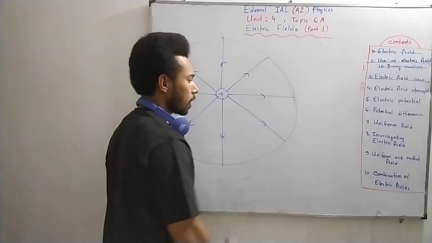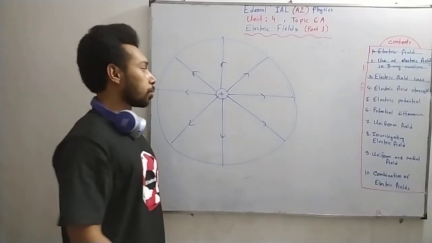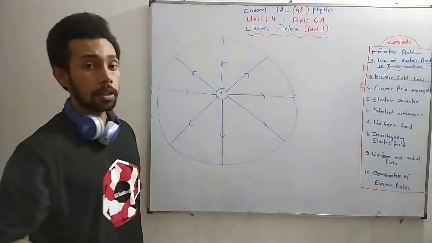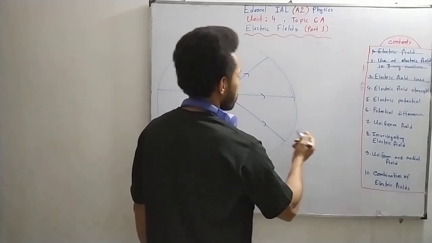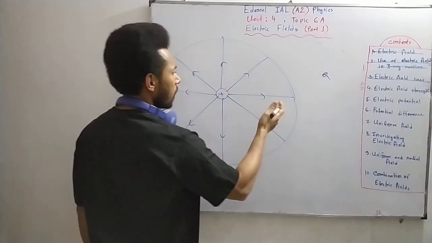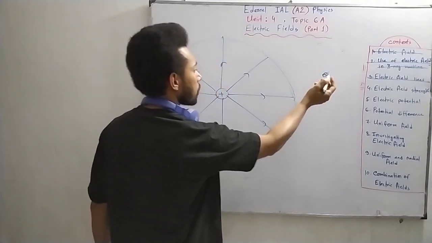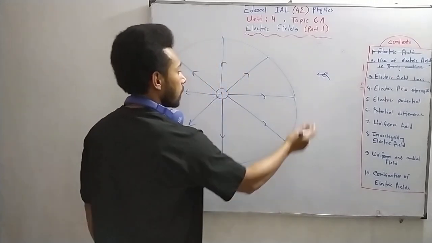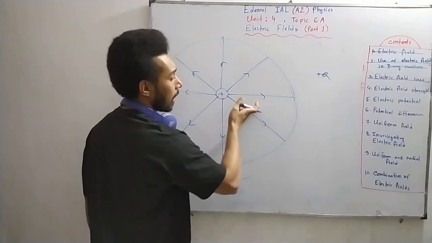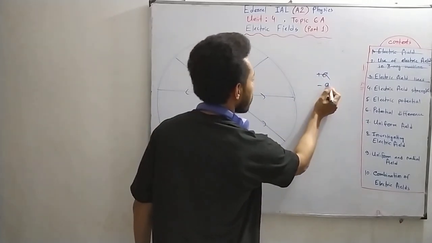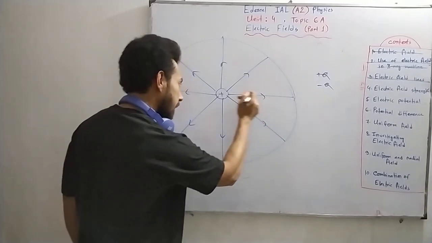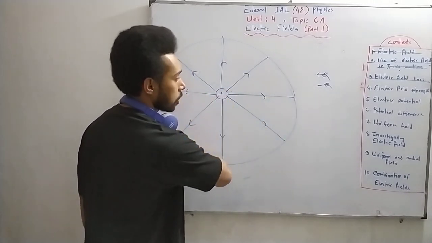Suppose you want to bring some charged particle into the electric field, and the charged particle has a charge of Q. If it has a charge of plus Q, a positive charge, then when it is brought into the electric field, it will experience an outward force, and if it has a charge of minus Q, then it will be accelerated towards the charged particle.